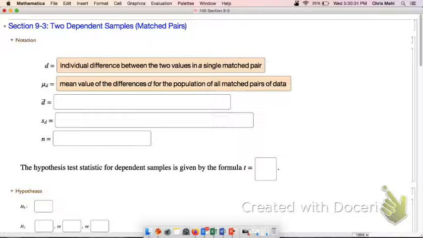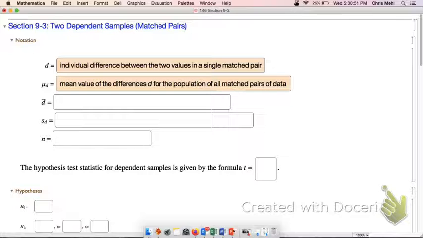Again, you have two populations of data, you match the pairs, and in each pair you take a difference. So you're calculating a bunch of differences within each pair, and then mu sub d is the mean value of the differences for the entire population of matched pairs.